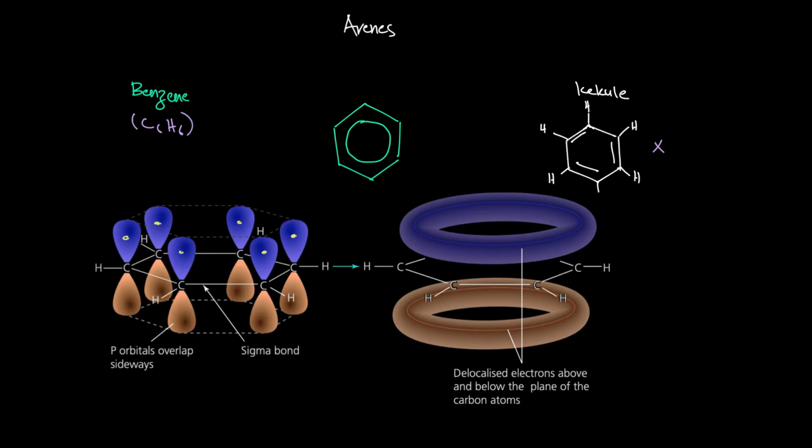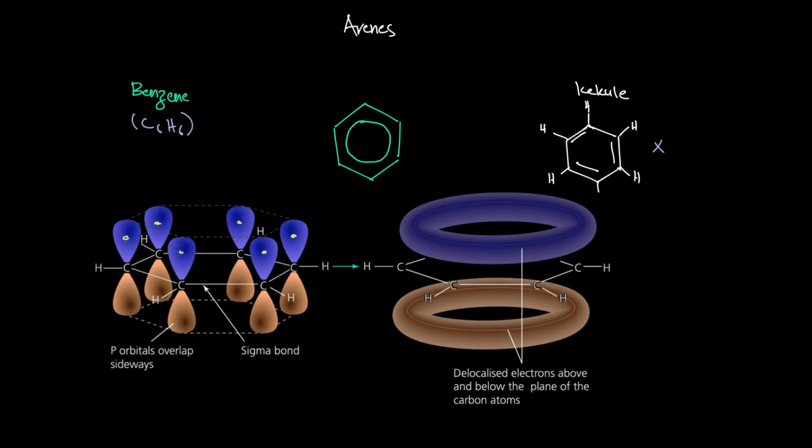And this kind of configuration makes benzene a lot more stable. We'll talk about why it makes it more stable, but this is why we get the structure of benzene the way it's written.